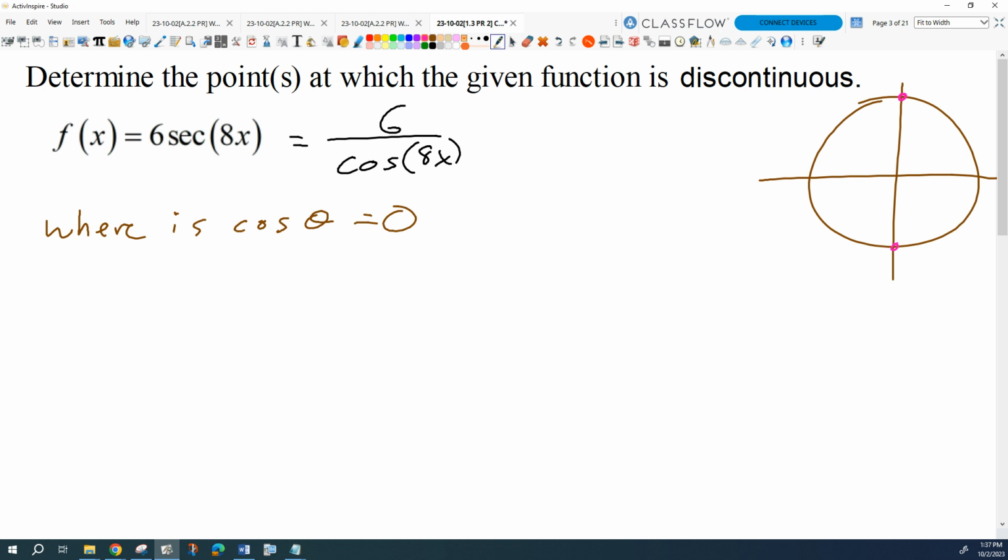Okay, so then I heard the answers pi halves and 3/2 pi, right? Partial credit. Only problem is there's an infinite number of other places. What do I mean by that? How is there an infinite number of other values where cosine theta is equal to 0?